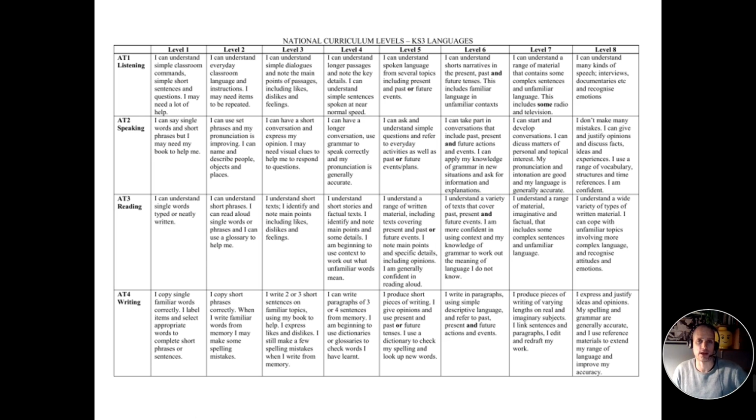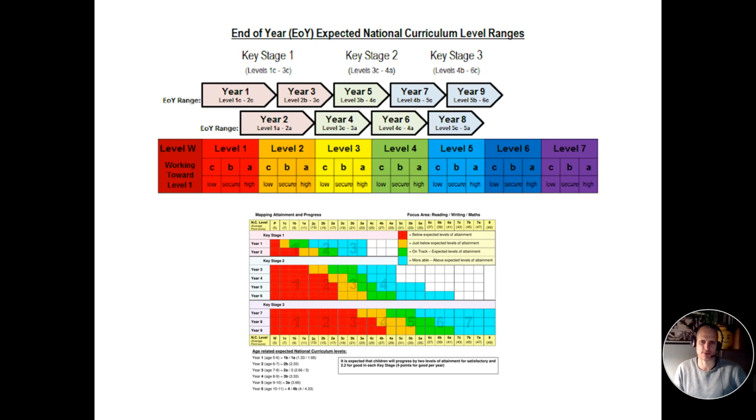So they'd be broken down. This is a pupil-friendly version of the actual national curriculum levels in a given subject. This is languages, and you'd have things like: What level am I working at? What can I do at that level? And it would be a grid to help and support the assessment of pupils.